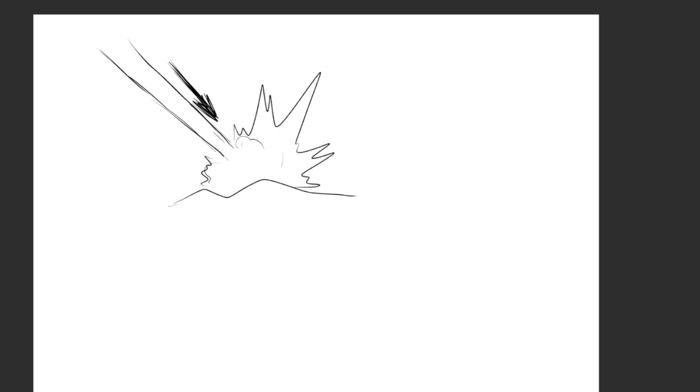However, let's say there's a missile hitting this mountain, I guess. Since the force is coming in from this direction, most of the explosion would be going in this direction. It creates this type of explosion.